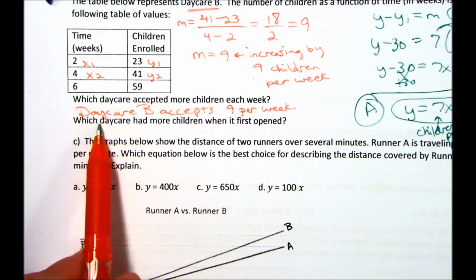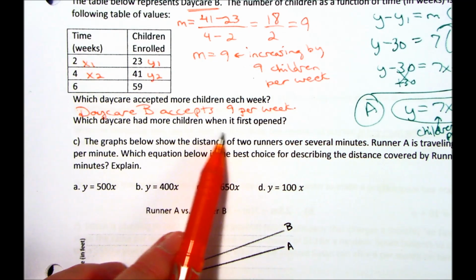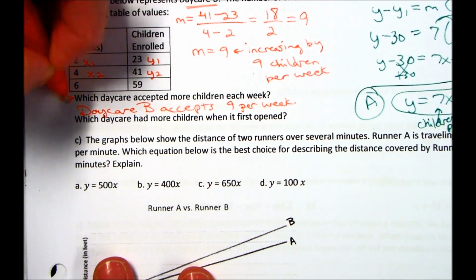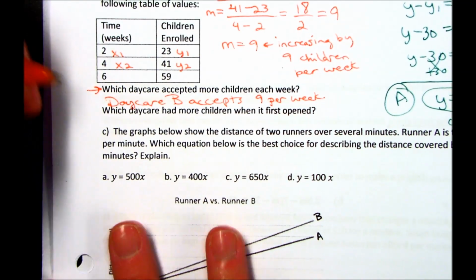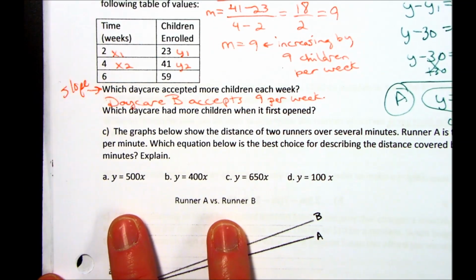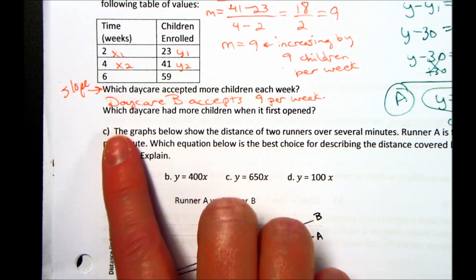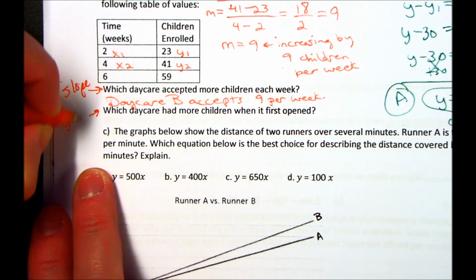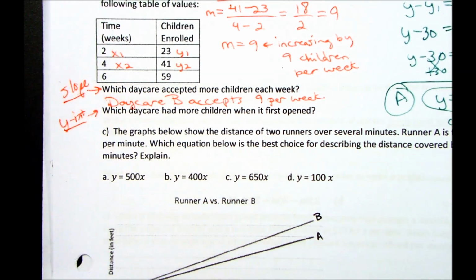Okay, so then which daycare had more children when it first opened? The first question was asking, can you interpret the slope? But the second one, when it first opened, is asking, can you interpret the y-intercept, or your starting value?